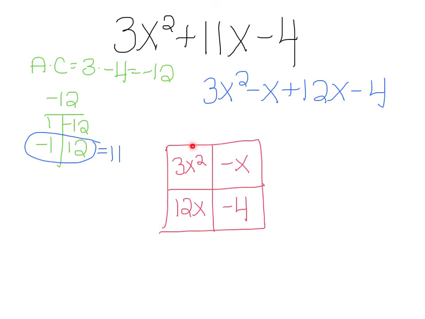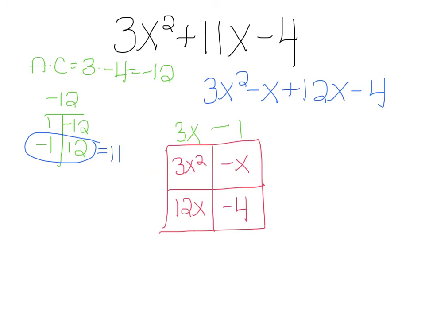Looking at my columns first, I see that I have a 3 that can come out and an x. My GCF is 3x. Looking in the second column, there's nothing common, but I can pull out a 1, and since this first term, the leading coefficient, is negative, I'm actually going to pull out a negative 1.